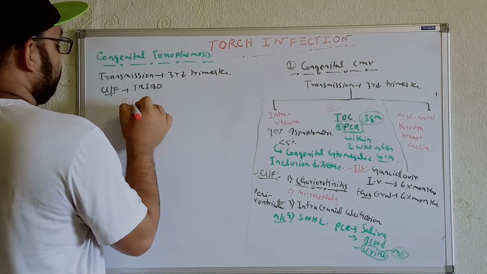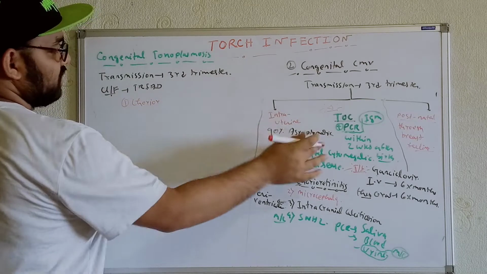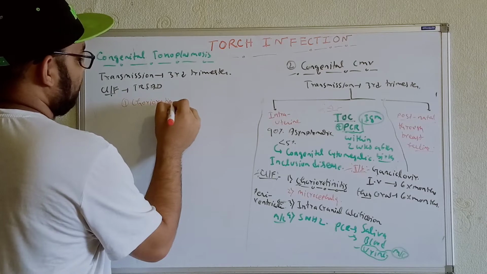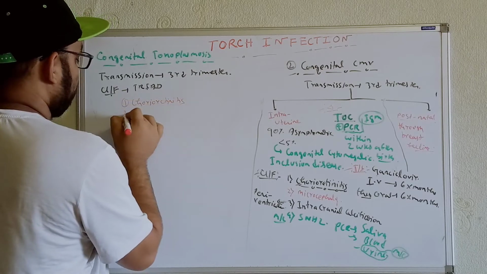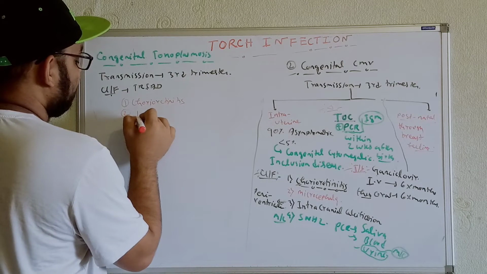First, we'll get the chorioretinitis, just like in cytomegaly, or retinitis. We can also get, in this case, the intracranial calcification.